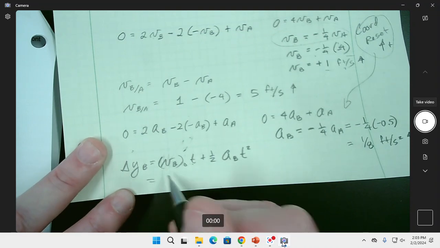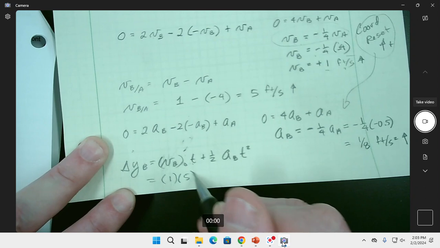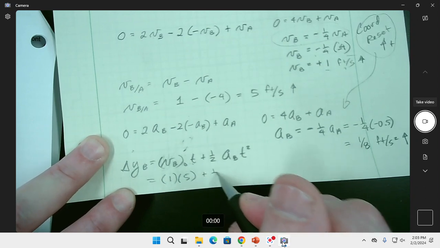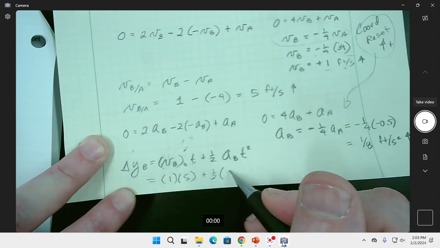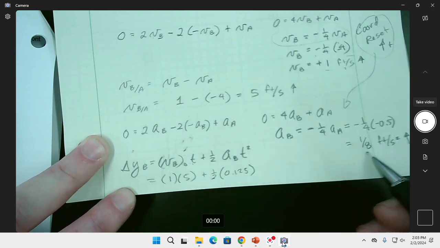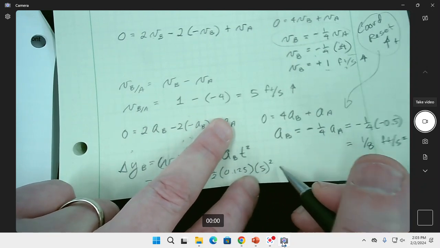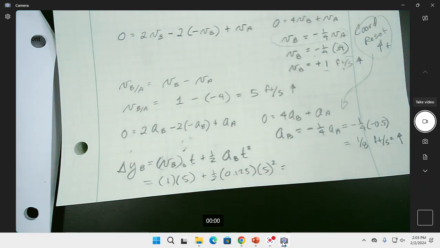So we'll have 1 times 5 seconds plus 1/2 times 0.125, right? That's this guy over here. And then 5 seconds squared.